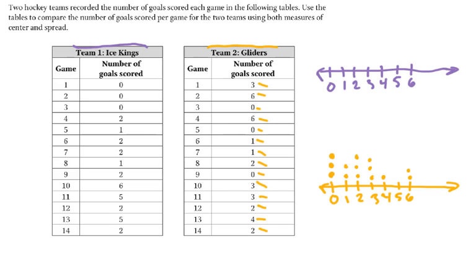Okay. For the Ice Kings, 1, 2, 3. 1, 2. 1, 2, 3, 4, 5, 6.